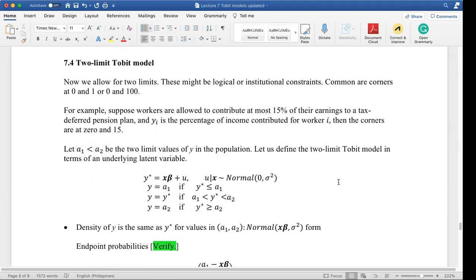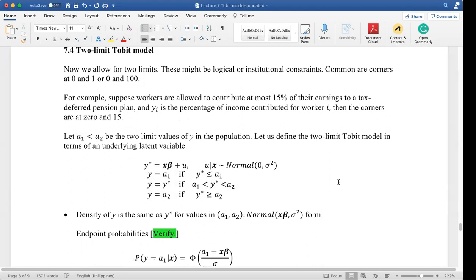Okay. So note that these limits are not data problems, but for this example, it's an institutional constraint. Okay.